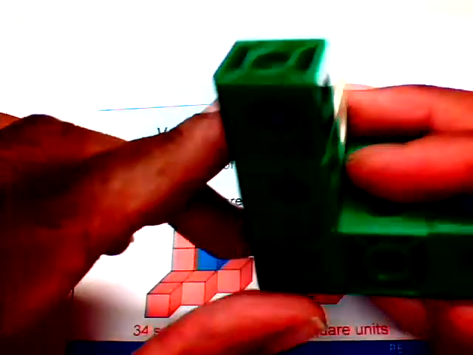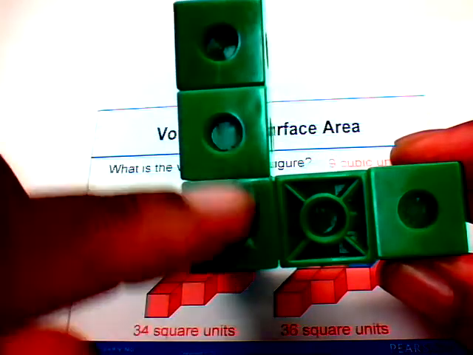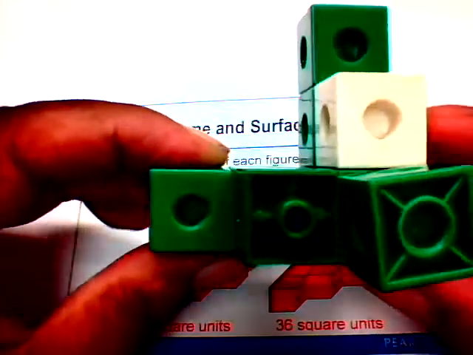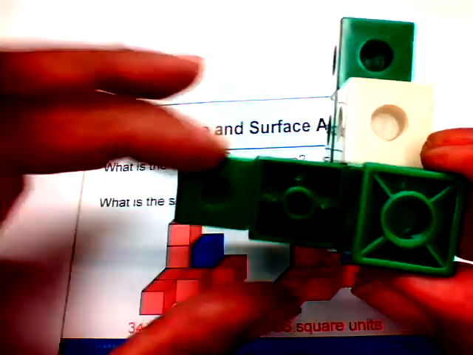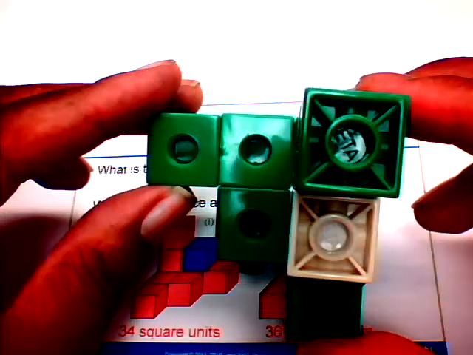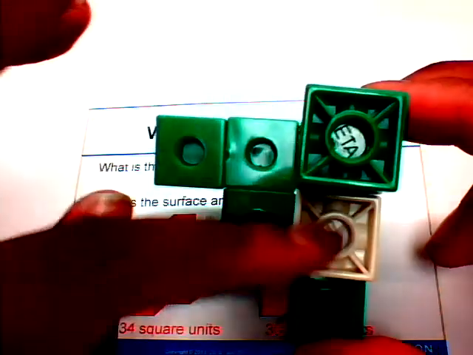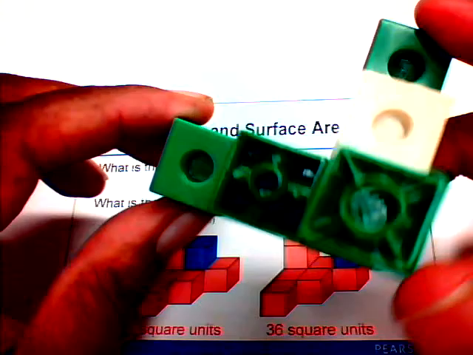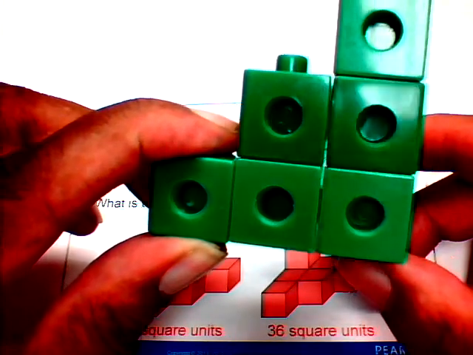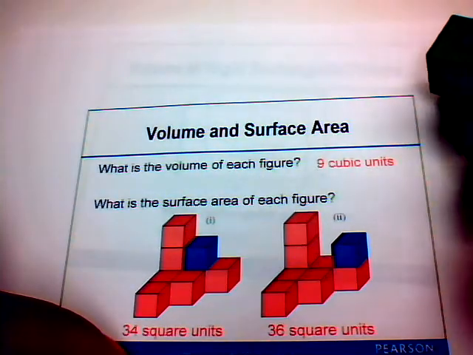And then on the left, you have 1, 2, 3, 4, 5, and on the right, we've got 1, 2, 3, 4, 5. And if you look at this from the front, we've got 6 faces on the front and another 6 on the back. So here, that surface area is going to be 34 square units.